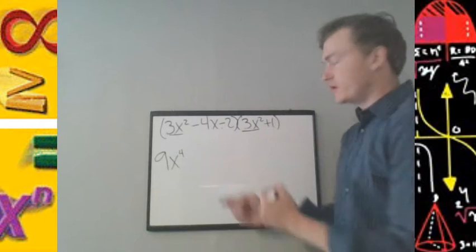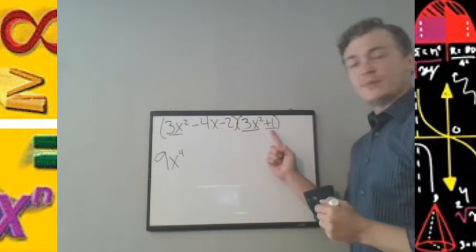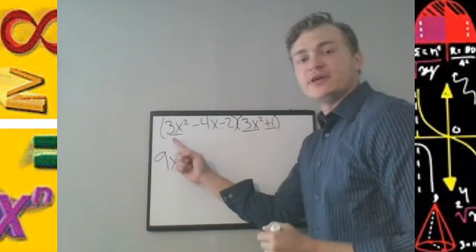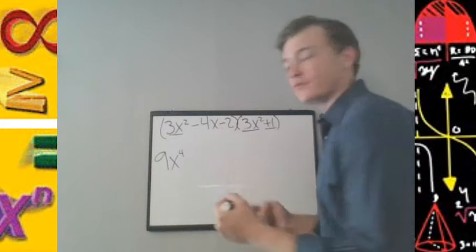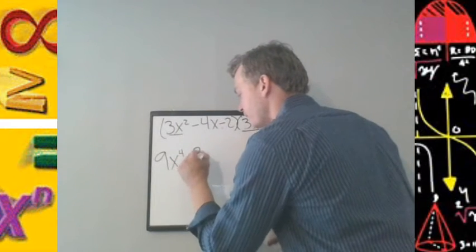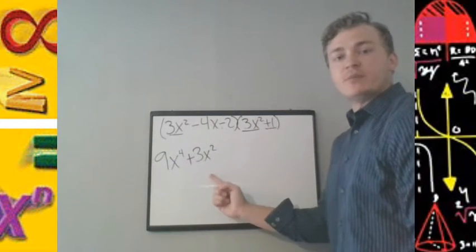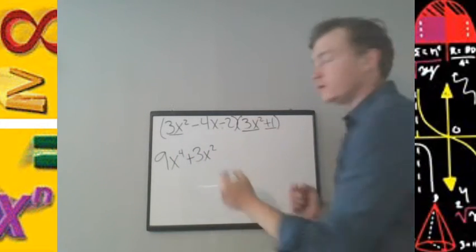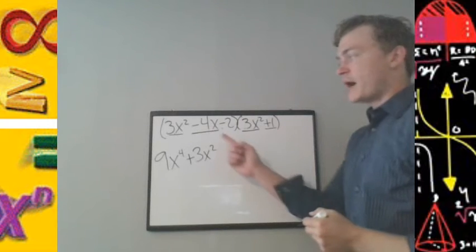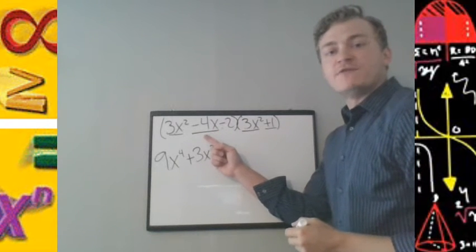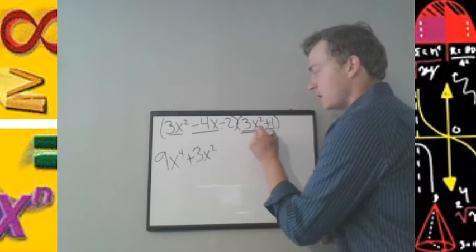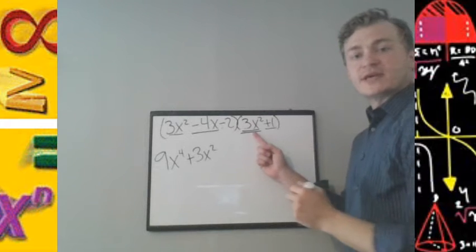This 3x squared times a positive 1. Positive 1 times 3x squared is just positive 3x squared. Any number times 1, you're just going to get back that number. All right, now we move on to the minus 4x. Minus 4x multiply a positive 3x squared.